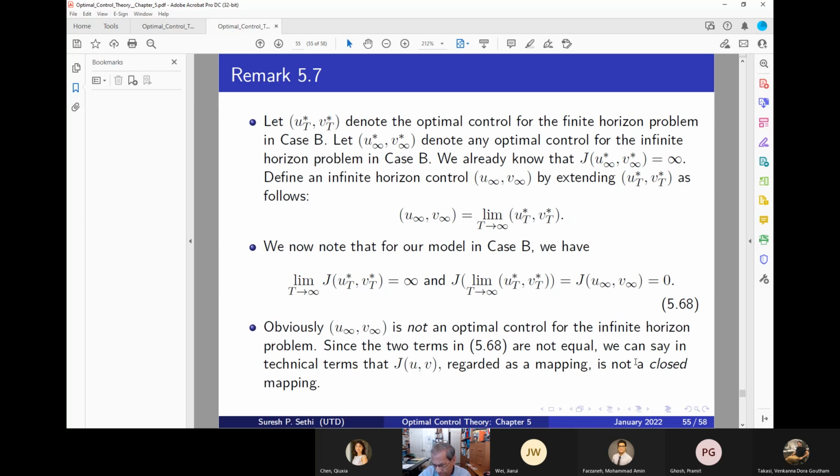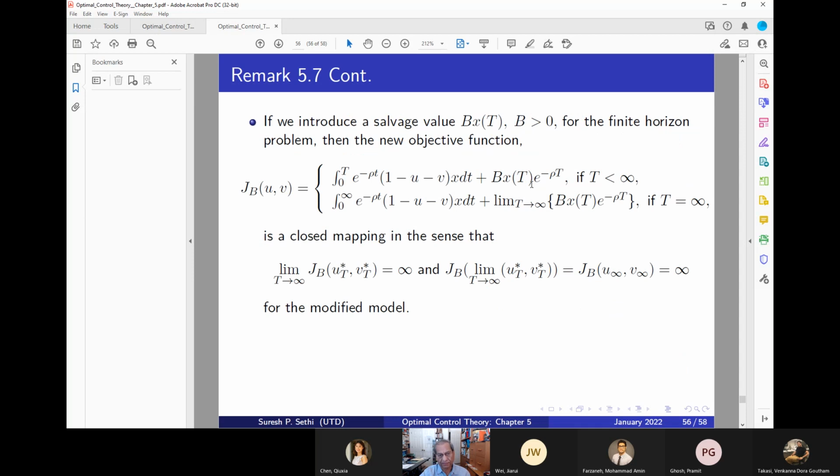The way to break this mapping and make it a closed mapping is like this. We assume that a finite horizon firm will be liquidated at capital T, and that liquidation value is B times this, for some B. We do not know; that is always a question in a finite horizon firm, how you value the capital T. But let's assume that we value it simply this way.